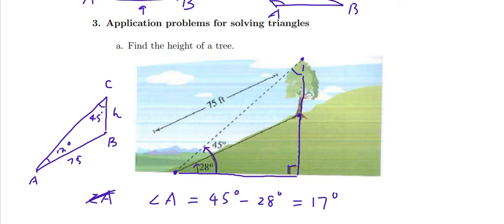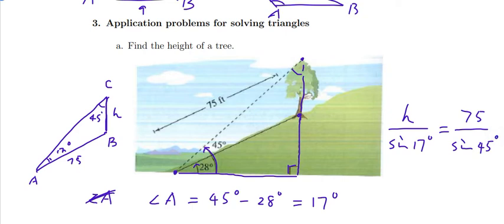So now we can easily find h. We apply the law of sine, right? Check this triangle with h. h over this angle, sine 17 degrees, equals this side, which is 75, over sine 45 degrees, right?